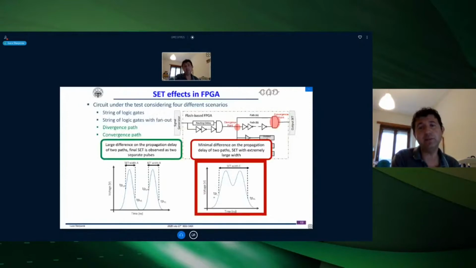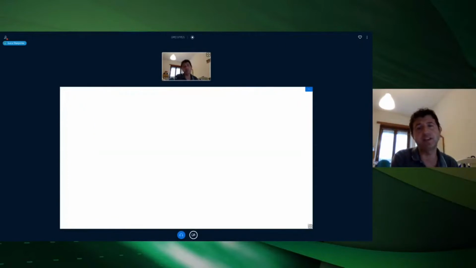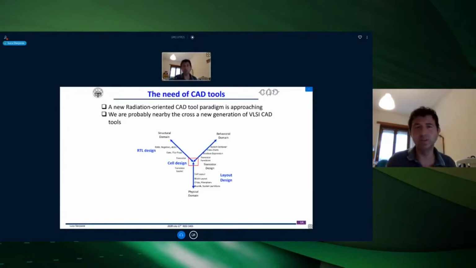On the other side, the propagation is fundamental to understand the effective length of the transient, because in this way we can put the right filtering circuits at the input of the storage element, for example. Doing that, what we need to do is to automatize all this process.